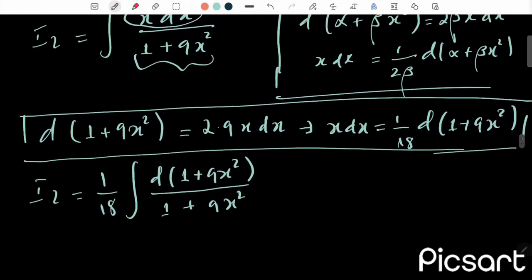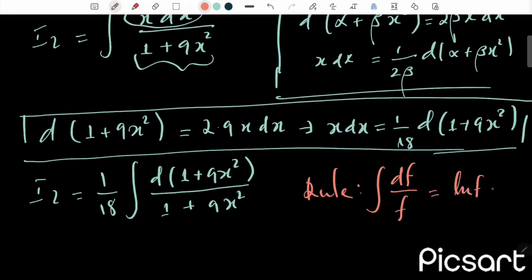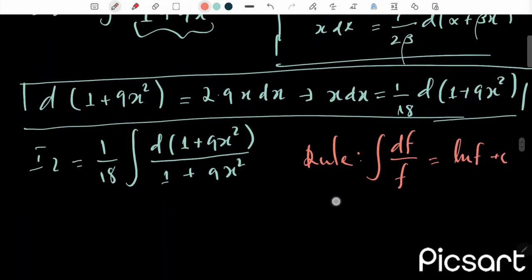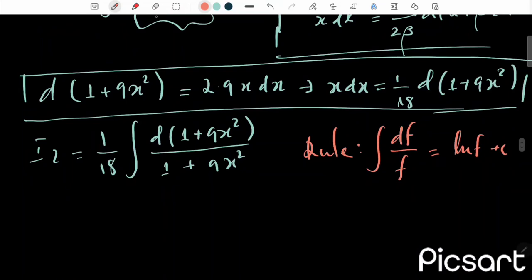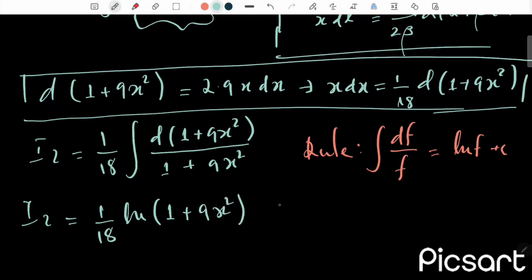From here we must remember the following rule: the integral of df over f is equal to ln of f plus c. Then I2 is equal to 1 over 18 ln of 1 plus 9x squared plus c2.